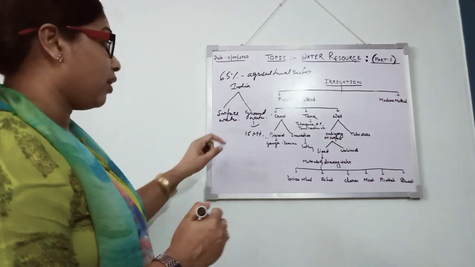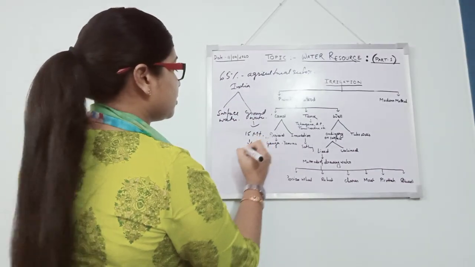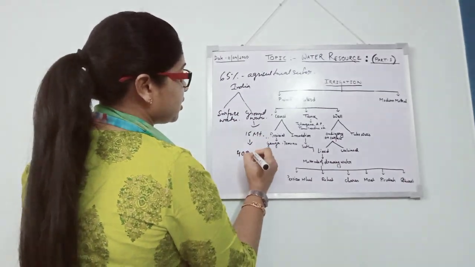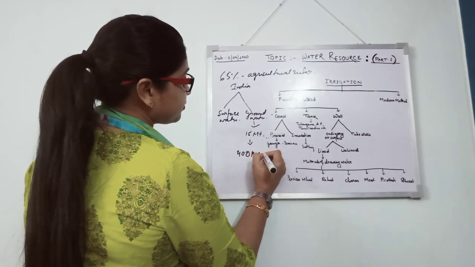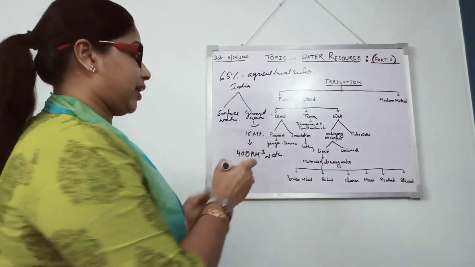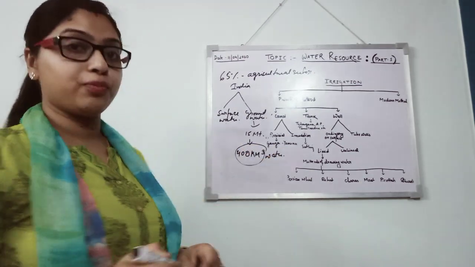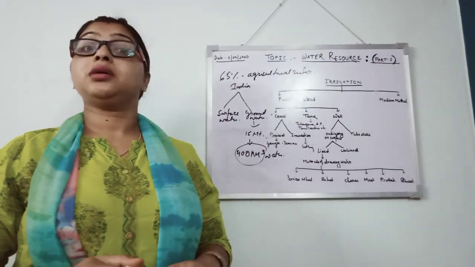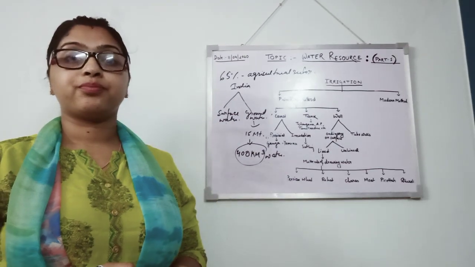And this groundwater provides us 400 million cubic meters of water. So you can see we are getting a large amount of water from groundwater.